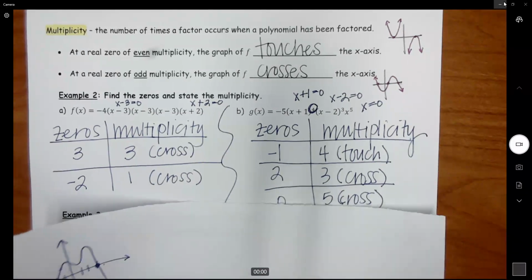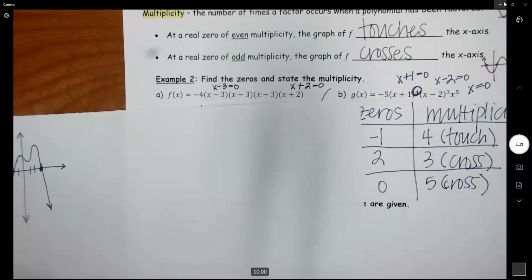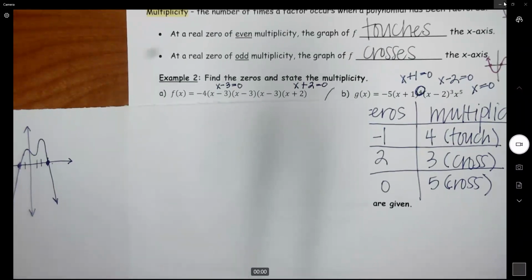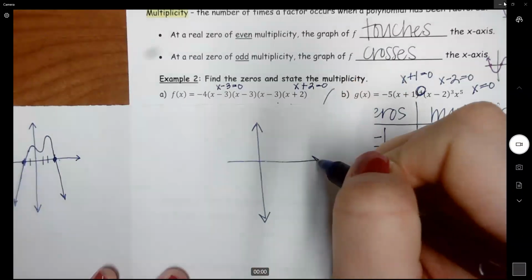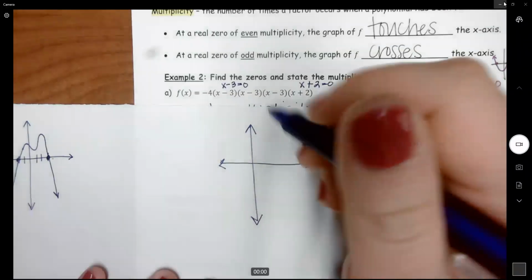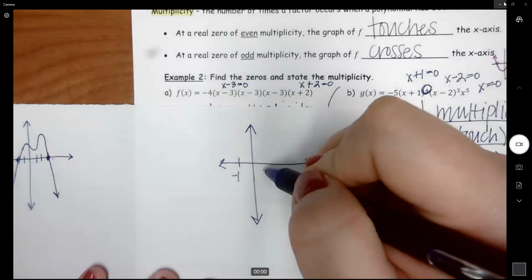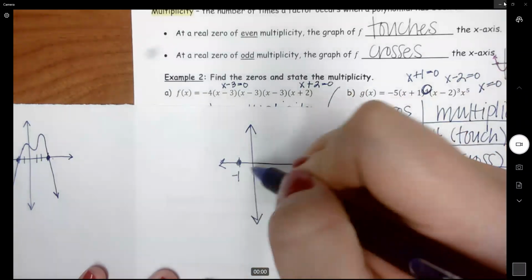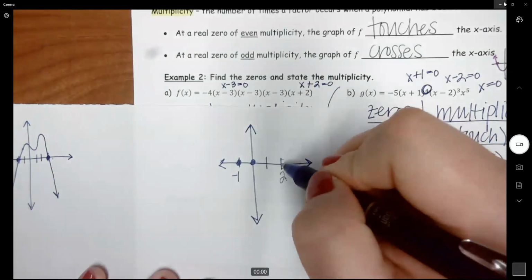Okay, so again, if I'm showing this, we have a 0 at negative 1. We have a 0 at 0 and at 2.